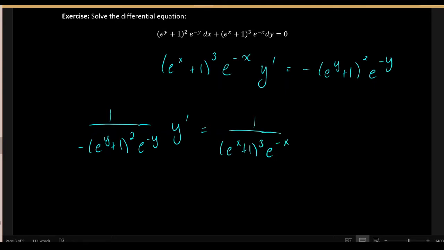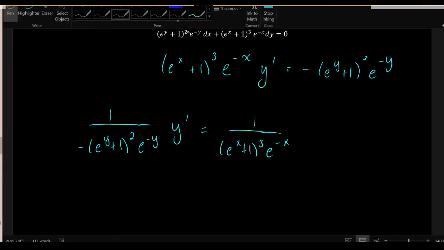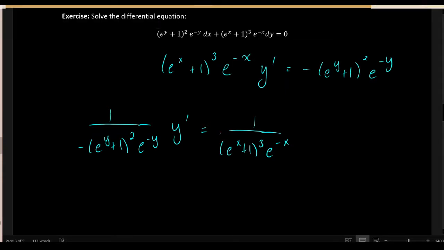Now let's take just a minute and check and see if we divided by 0 at some point. So what do we have in our denominators? We have e to the minus x. An exponential can never produce a 0, so that's fine. We also have in the denominator an e to the x plus 1, but that can't be 0 because an exponential can't produce a negative number.